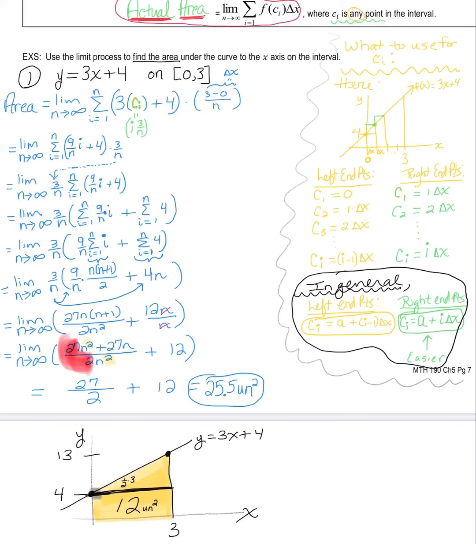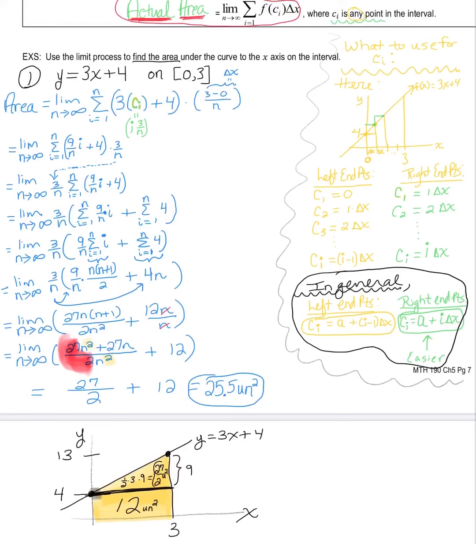And then my height in this case, well, the height isn't the entire 13. The height here would have been 9. It would have been the 13 minus 4. So it would have been 1/2, base is 3, and the height is 9. And so this is the 27 halves portion in square units.